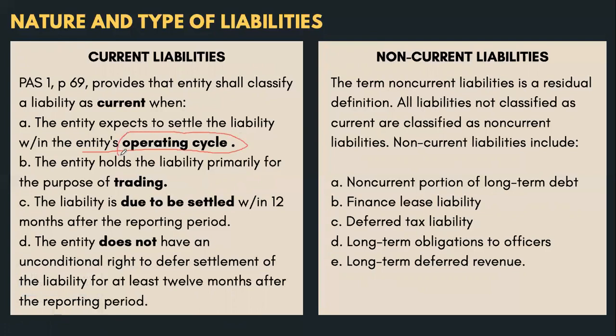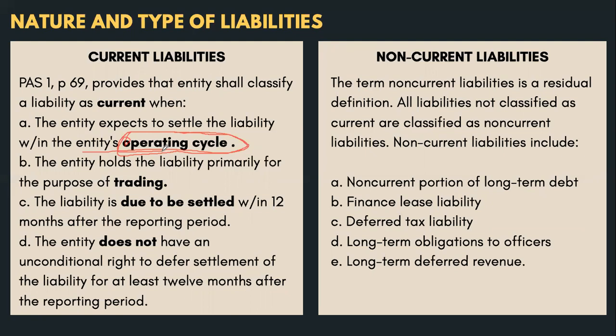Take note that if the liability is settled within the entity's operating cycle or normal operating cycle, it is classified as current. So it does not mean that the operating cycle is within 12 months. It depends on the company. For some, this transaction is part of their normal operating cycle, but it will last for 2 years, for more than 1 year.